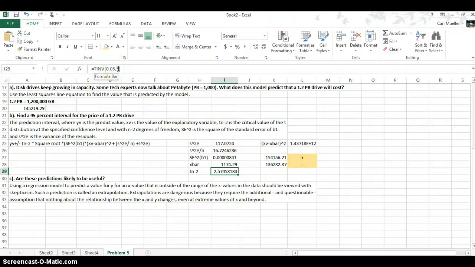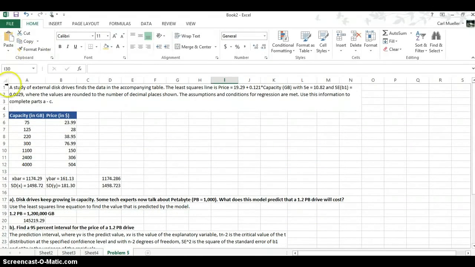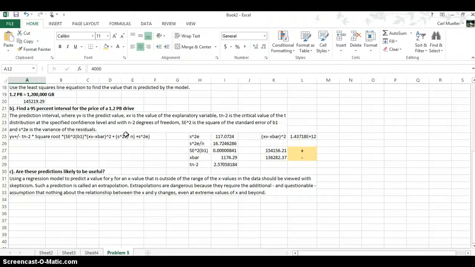Now the 5 is our n minus 2, which means that our n is 7. Where does 7 come from? It's quite simple. It's up here. It's not really intuitive, but if you see here, 1, 2, 3, 4, 5, 6, 7, we actually have 7 pieces in our data set. If you scroll down, you can see that's why we got this value right here.